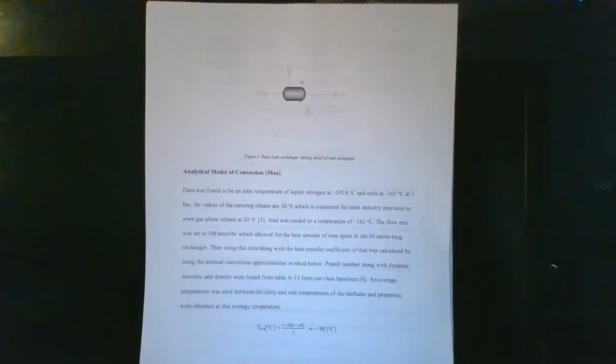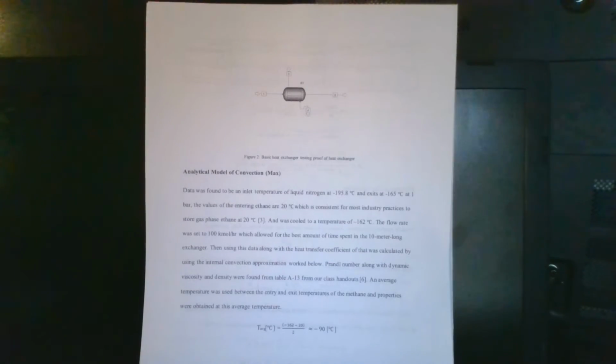This is not a great assumption, but it could be a good assumption if a separation process was implemented prior to the feed of the heat exchanger, in which case the majority of the composition would be methane, and this would be a good assumption.